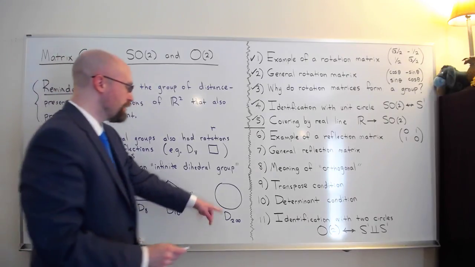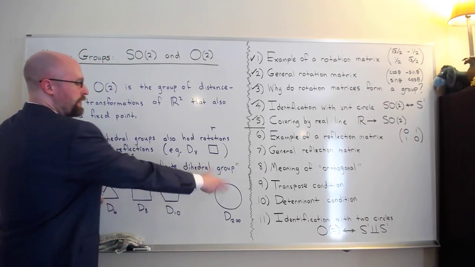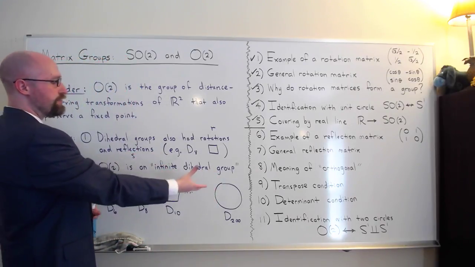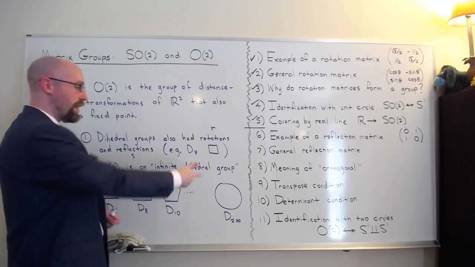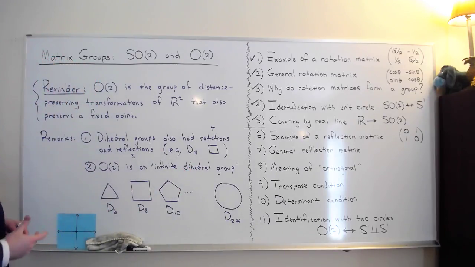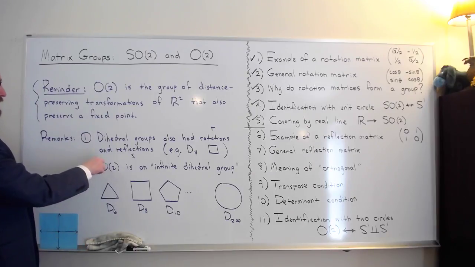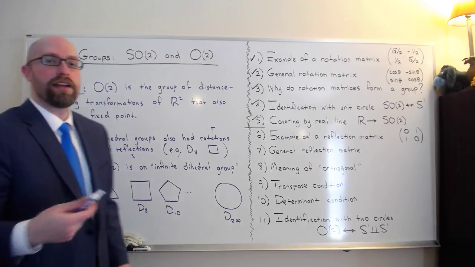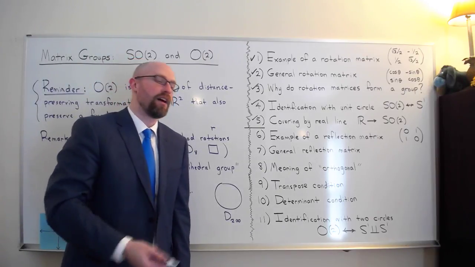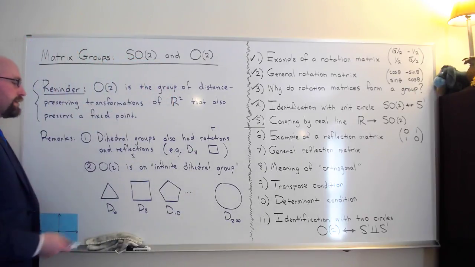That's silly. But anyway, you get the point. It's like an infinite dihedral group. It has rotations and reflections, just like the dihedral groups do. So that's a good way of thinking about O2 to relate it to something you've already seen in the notes. And of course, we talked about this on one of the other videos as well.